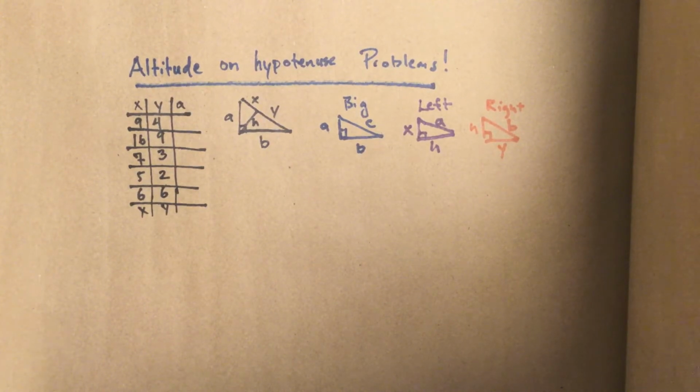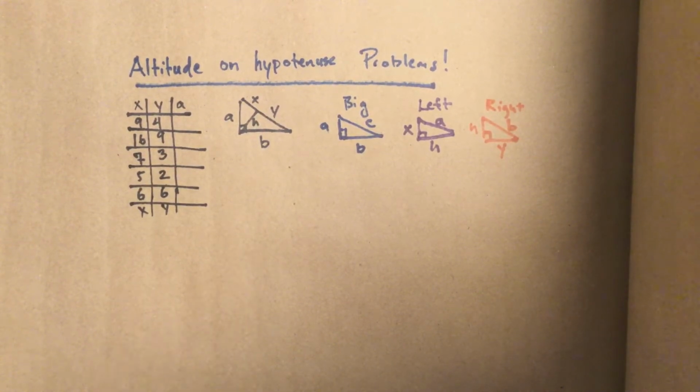All right, so while we have this video open, please take a look at the altitude on hypotenuse day 2 problem set that I posted. We are going to start with a similar triangle table.